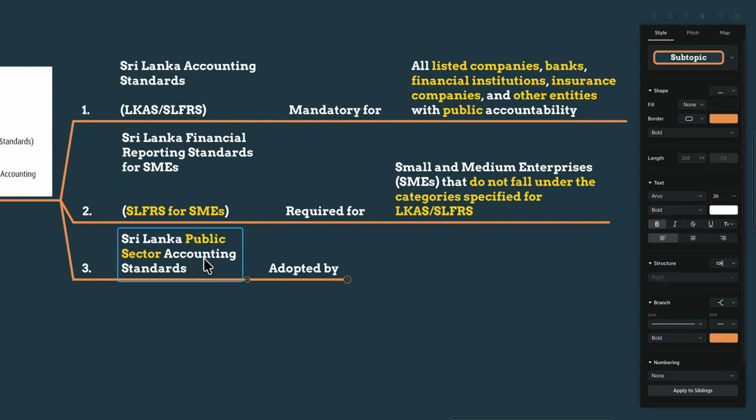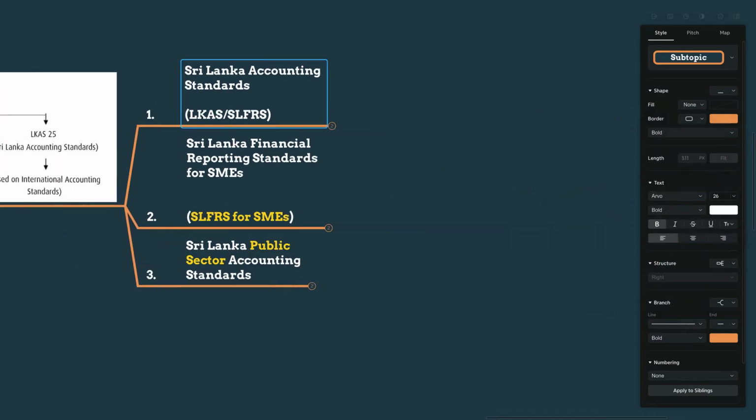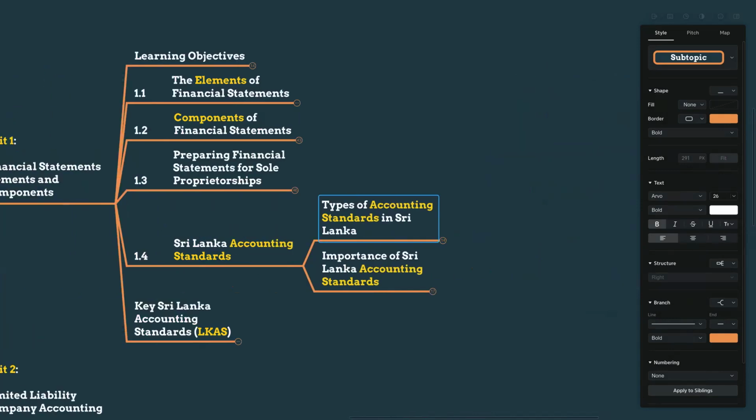But the public sector, most of the time, is not engaged in commercial activities. Let's say government hospitals, state public universities and provincial councils follow these standards, not LKS SLFRS. They have separate ones. So public sector entities that do not engage in commercial activities will follow Sri Lanka Public Sector Accounting Standards. Right? So this is how the Sri Lanka accounting standards framework works, my dears.